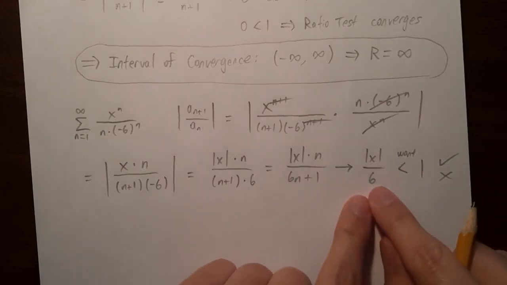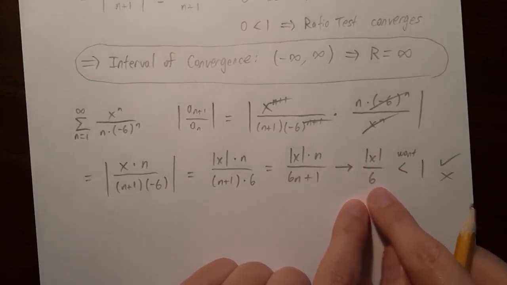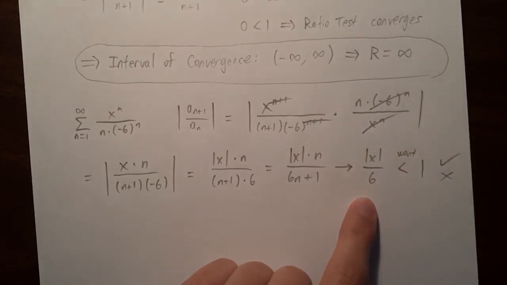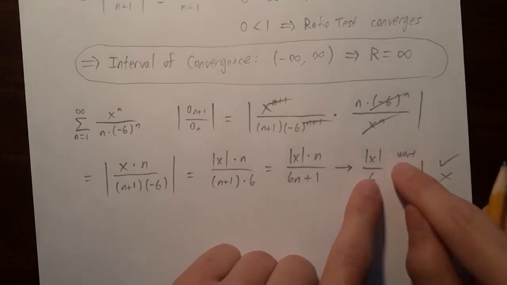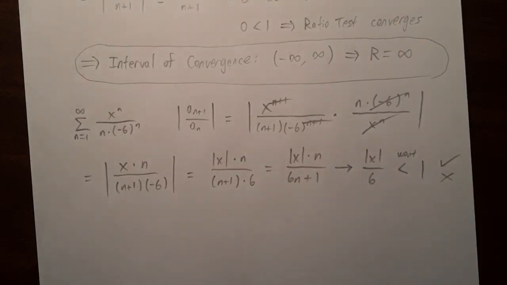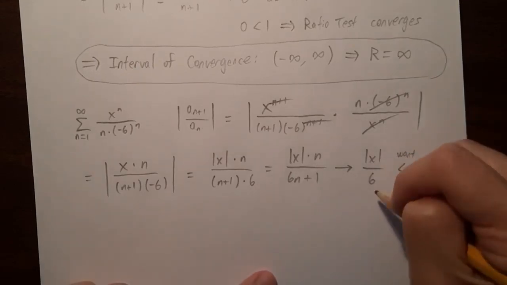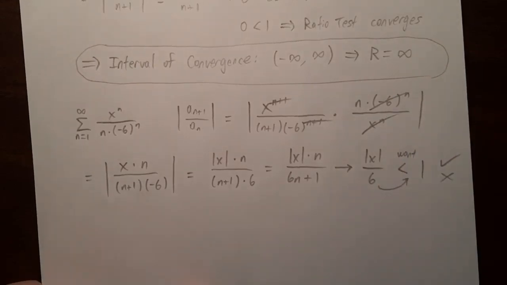So what we're going to do then is, if we want to find which x values cause this inequality to be satisfied and hence pass the ratio test, I need to solve this inequality for x. All right, well, the game of solving inequalities is very similar to equations. We just need to isolate x. So first step along the way is probably to move the denominator over to the other side.